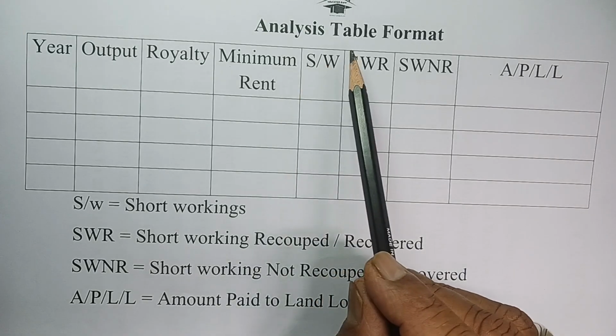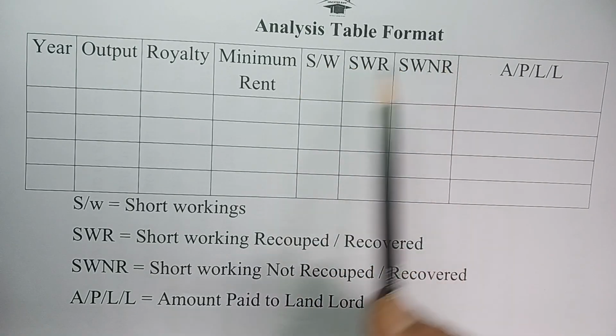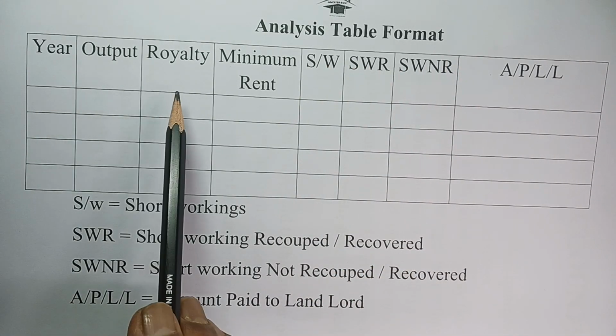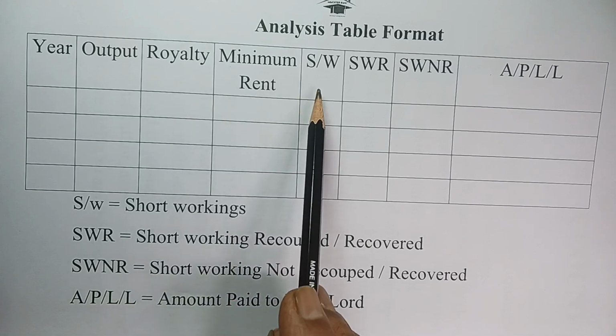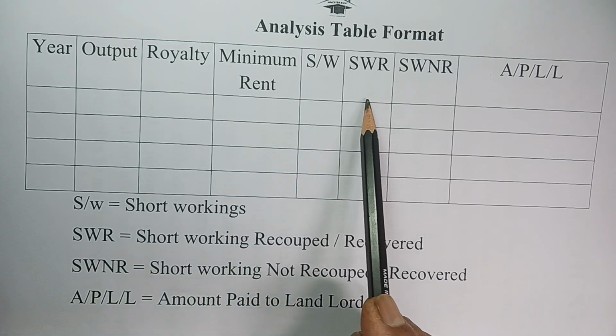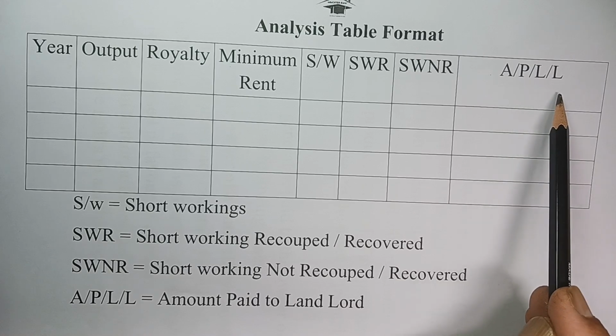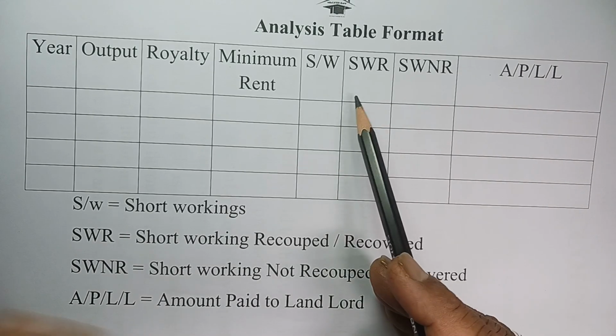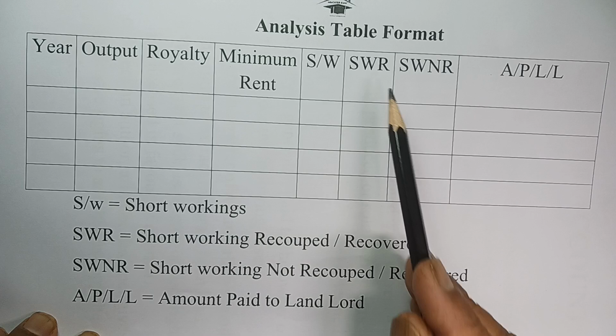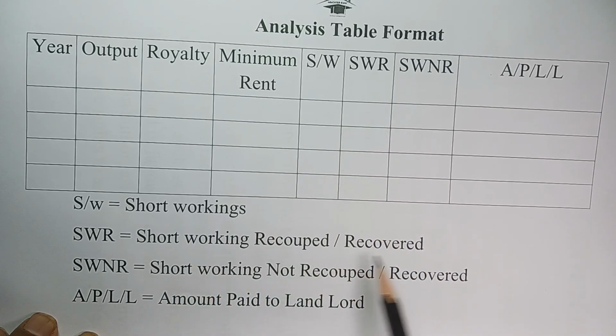You see, analysis table format: year, output, royalty, minimum rent, short working recouped, short working not recouped, then amount paid to landlord. Say SW, I have given you short workings. SWR, short working recouped or recovered. I have used one word, recovered.